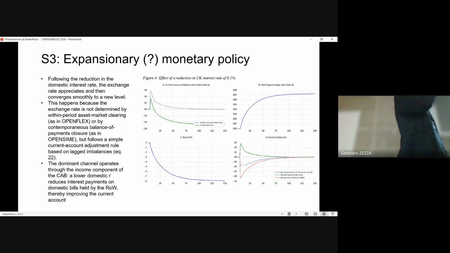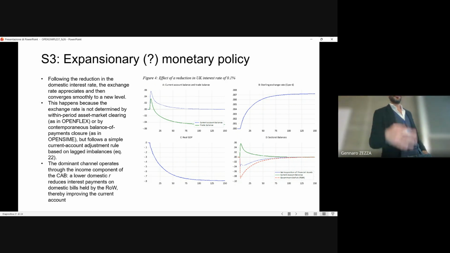This is the scenario where we change the interest rate in the domestic economy. Decrease. Yes, decrease. It's an expansion. Sorry. So we reduce the interest rate on domestic assets, and contrary to what happens in the original model, we have a direct appreciation.